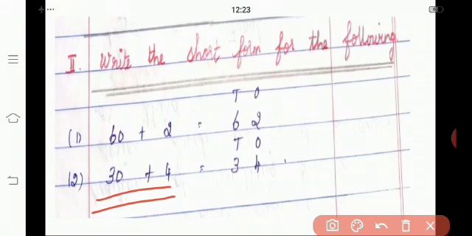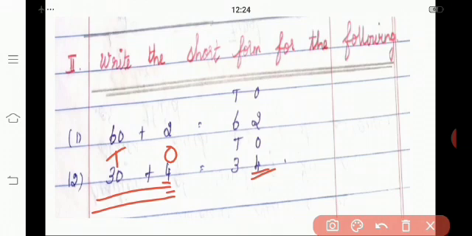30 plus 4. So we should always start from the ones place. Here how many ones are here? 4 ones. Then tens. We have 30 or 3 tens. See children, on the ones place there is 4, so we write 4 in the ones column.